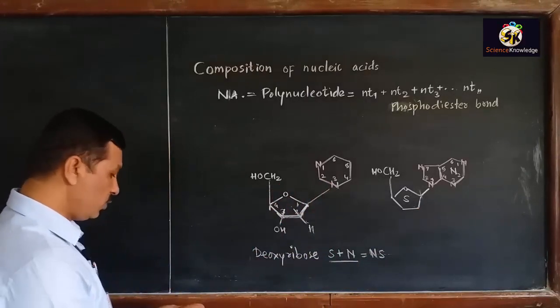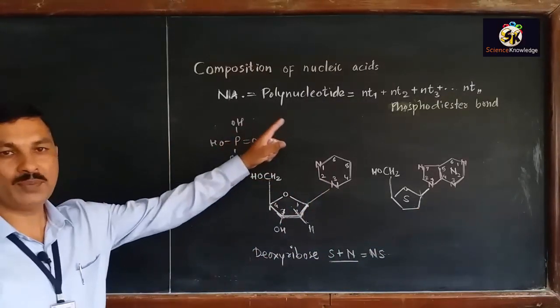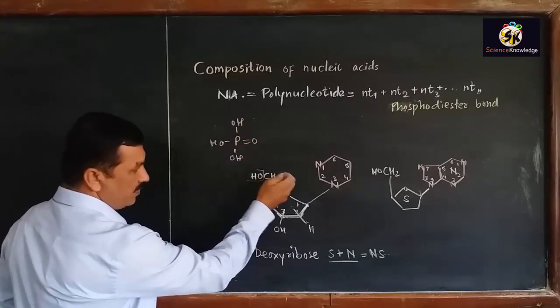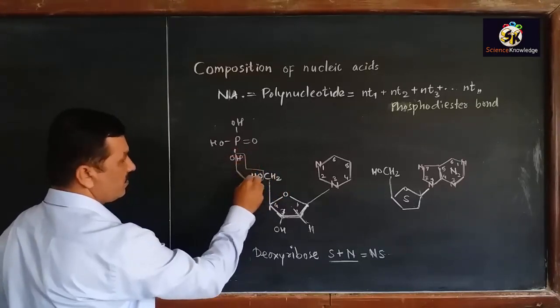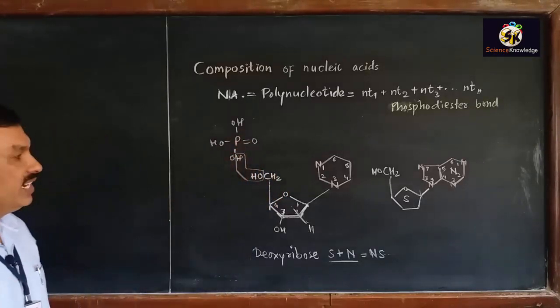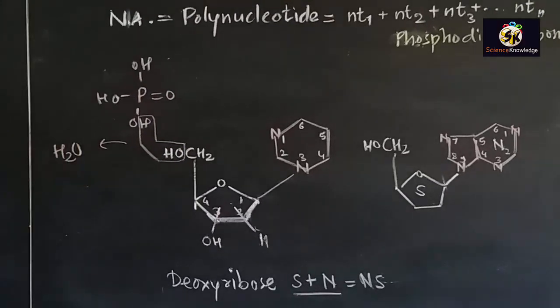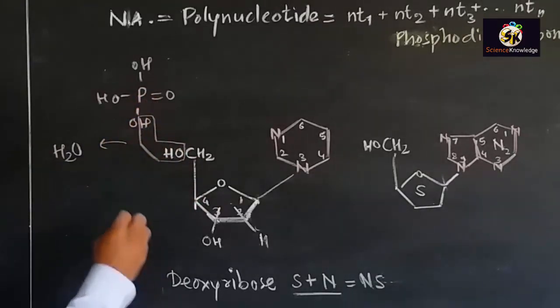Then the next molecule is phosphate. So phosphate is involved in the formation of a nucleotide. Now this OH which is present on the 5th carbon and the OH which is present on phosphate will interact. Again they will release a water molecule, and the fifth carbon will be connected with phosphate with the help of oxygen.